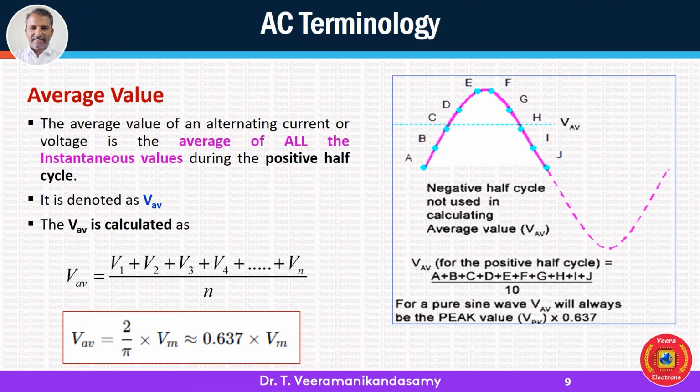Average value. The average value of an alternating current or voltage is the average of all the instantaneous values during the positive half cycle and is calculated using the integral expression shown on the slide.